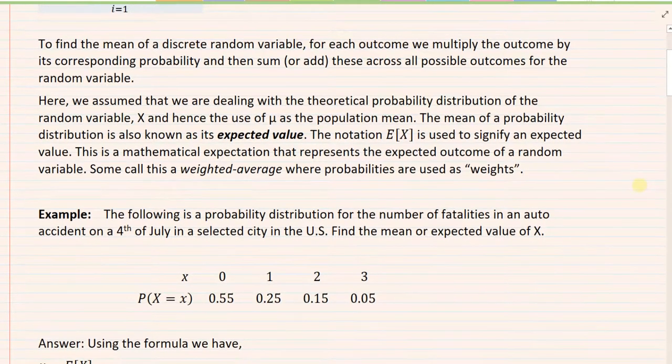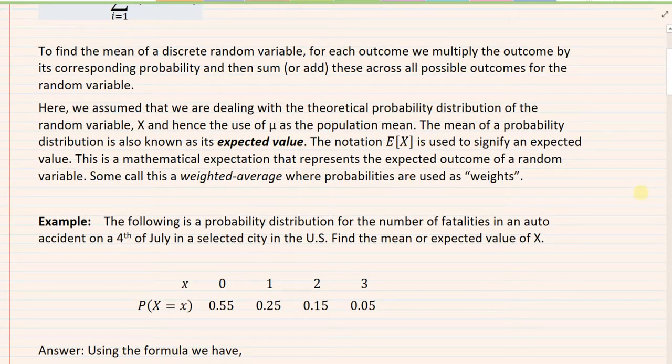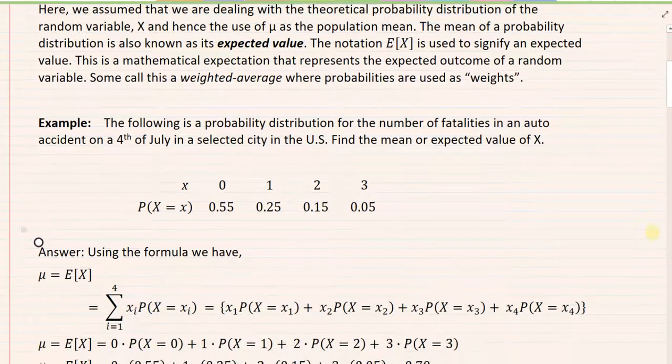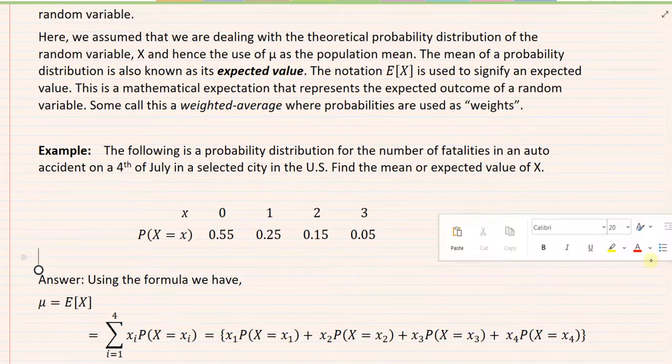So here's an example. Remember the example we had for number of fatalities on the 4th of July. Let's say we want to know what could come next 4th of July. How many fatalities in that city should we be expecting? So here's our formula, sigma x times p of x.